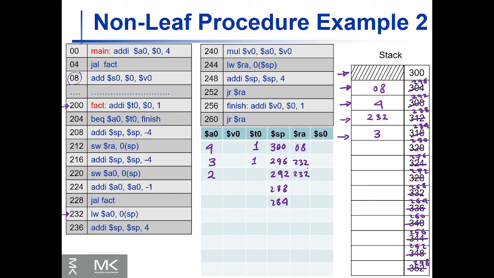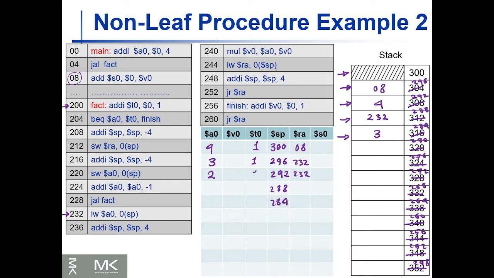One may say it's the same value, why should you write it again? You know the processor is dumb, so it just overwrites what's in there, whether they are equal or not. Then we go back. So when we go back here, addi.